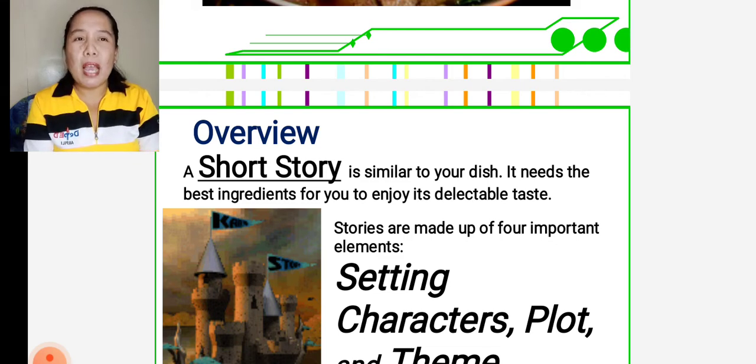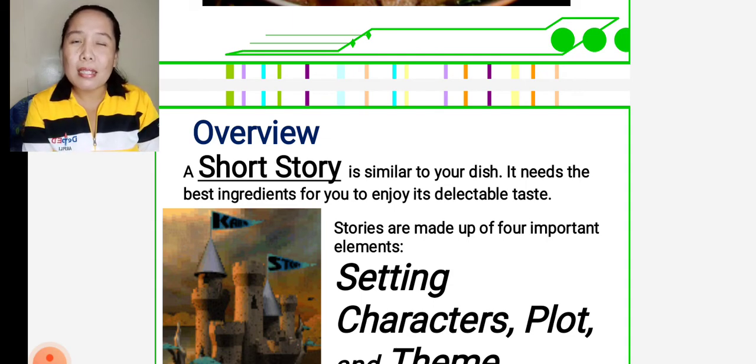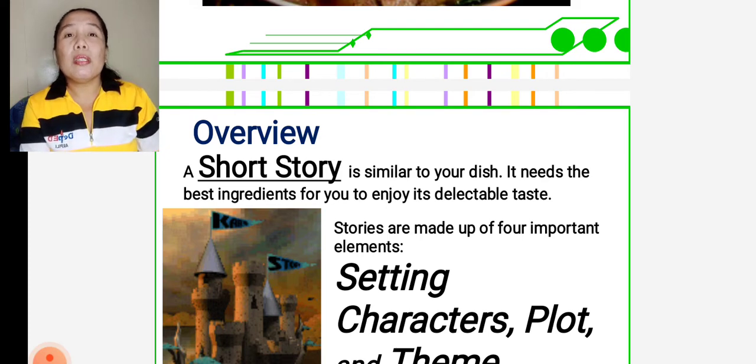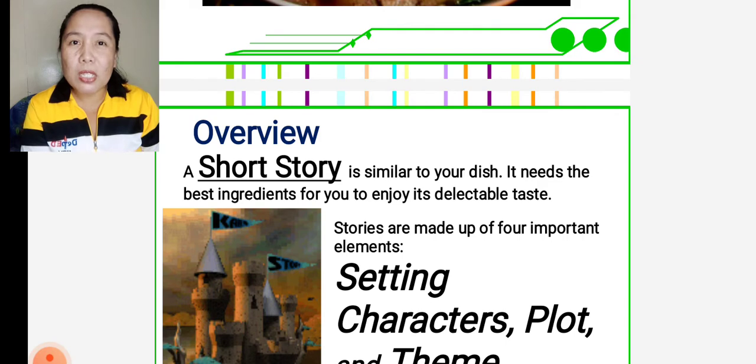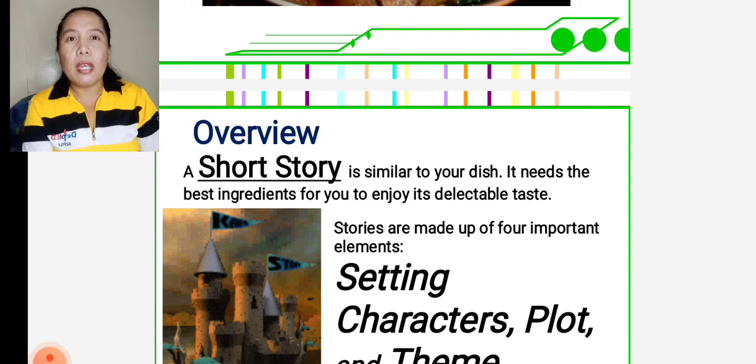Stories are made up of 4 important elements nga mao ni nakapanindot inigbasa ninyo sa story. Kung wala ni sila, ang story wala say lami. Pareha sa sudan, kung di nimo butangan og mga lamas, wala say lami kaunon. So, there are 4 important elements of a short story.